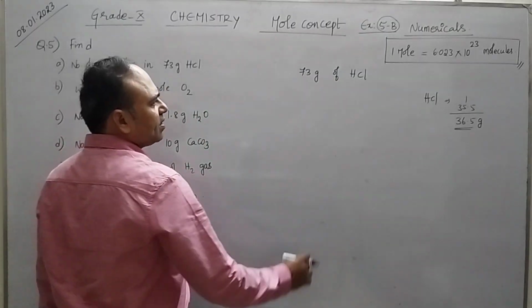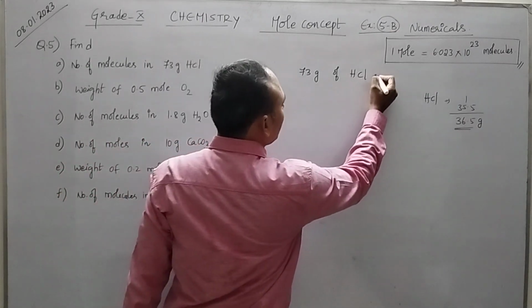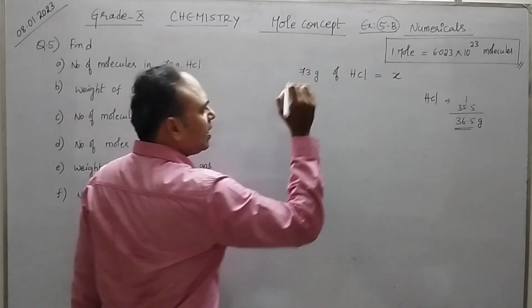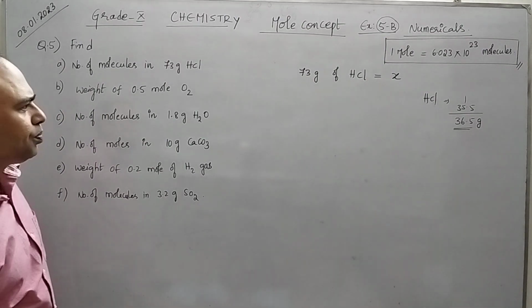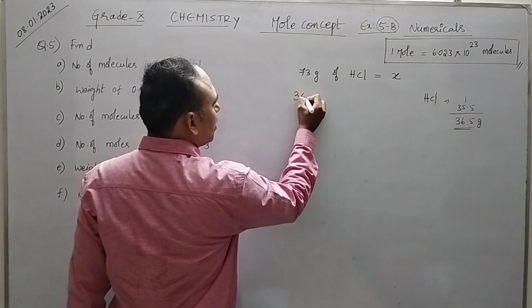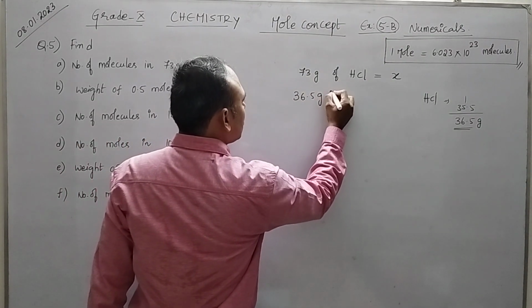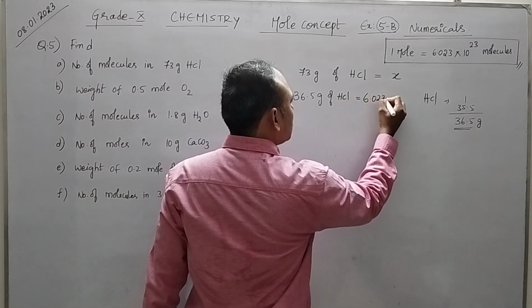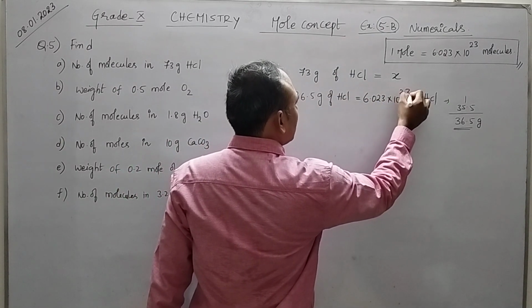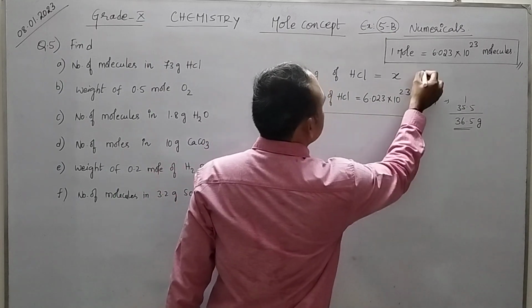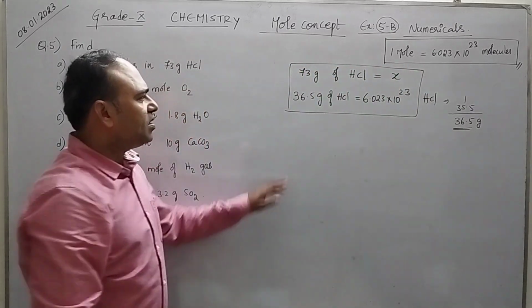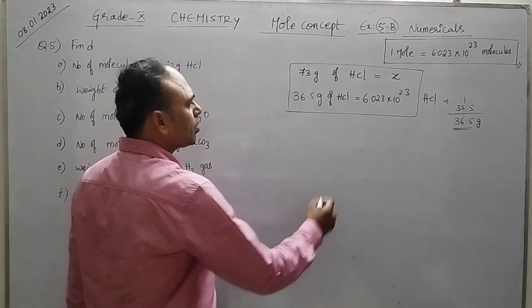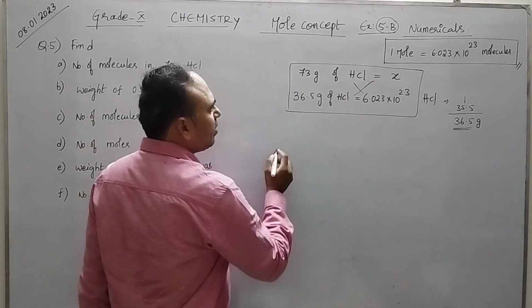So let us write like this. 73 grams of HCl we need to calculate, therefore take it as X. And we know that 36.5 grams of HCl has Avogadro number 6.023 into 10 to the power of 23 molecules.